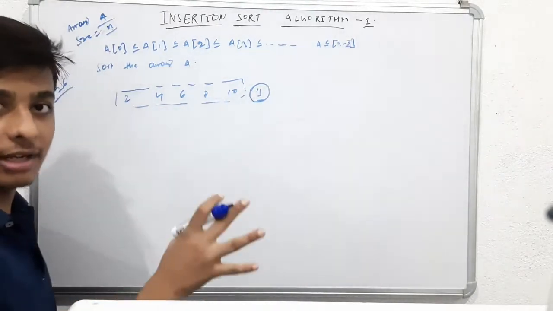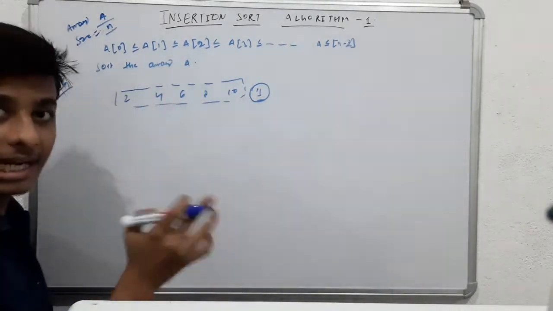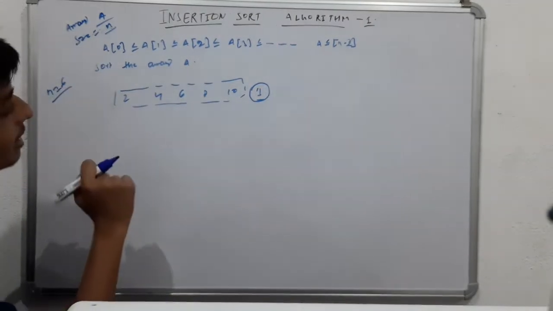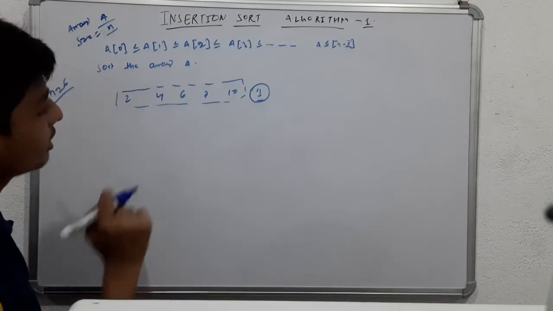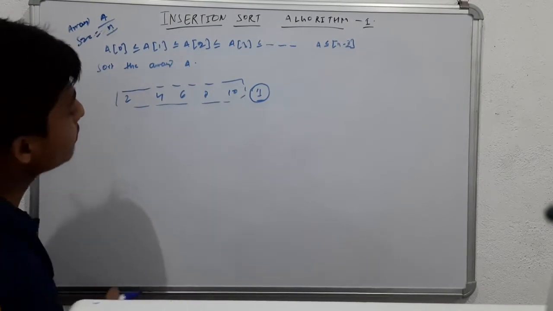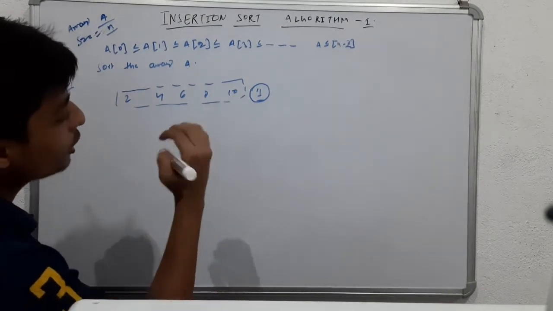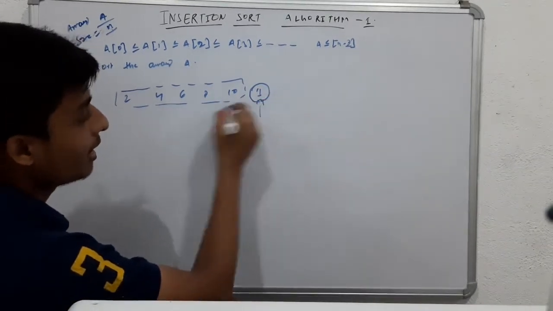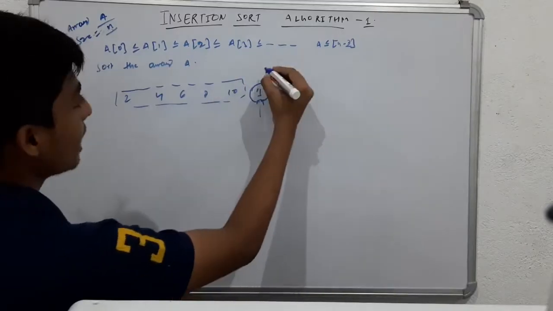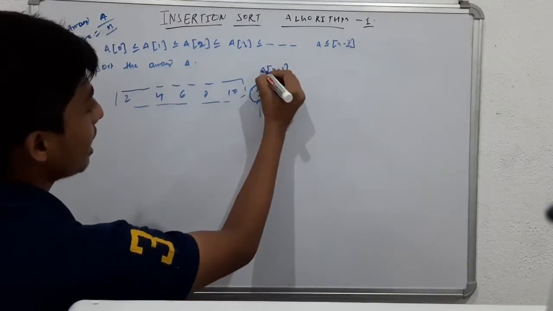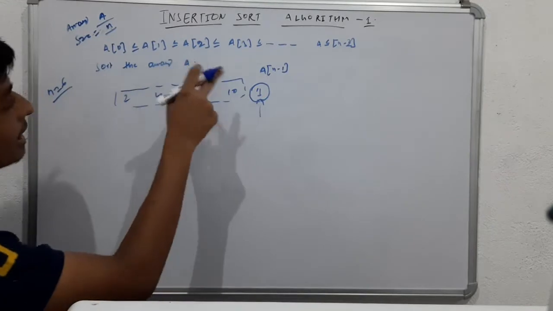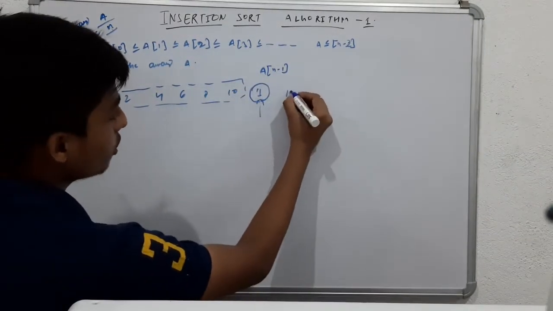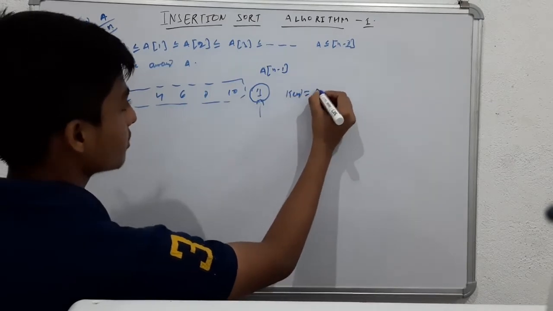Think about it. Pause the video and think about it, and come back. I hope you have tried it. So let's see how we can solve this problem. The logic is that you store the last number of the array, a of n minus 1, if we consider 0 based indexing, in some variable, say key.